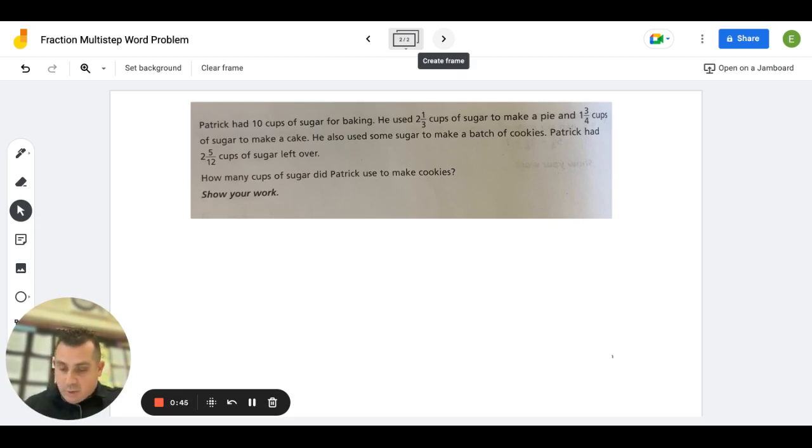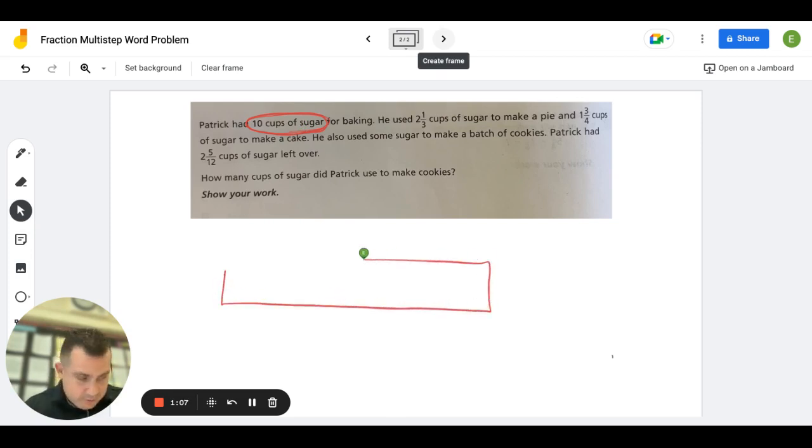So, first thing that I want to do here is find some of the important information. We know that he has 10 cups of sugar altogether. So I'm going to turn that already into a bar model.